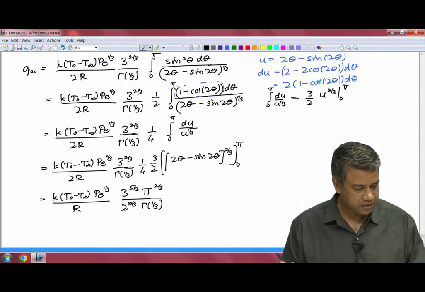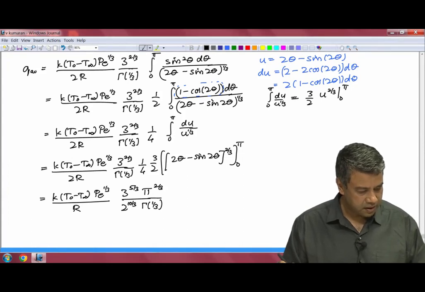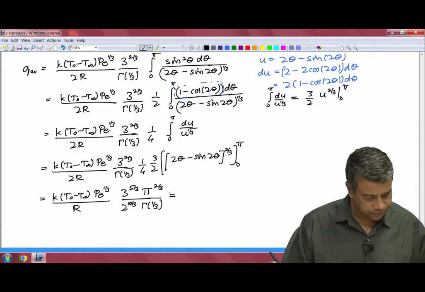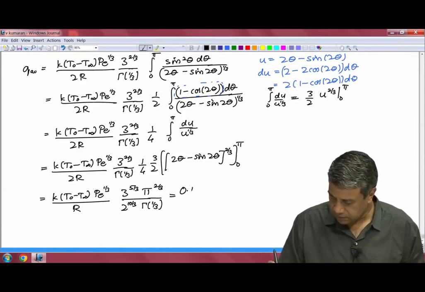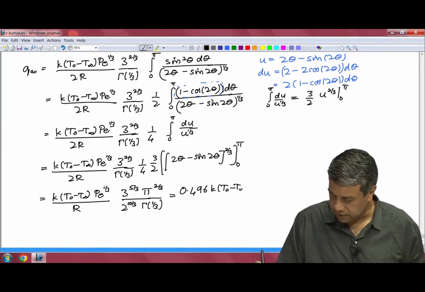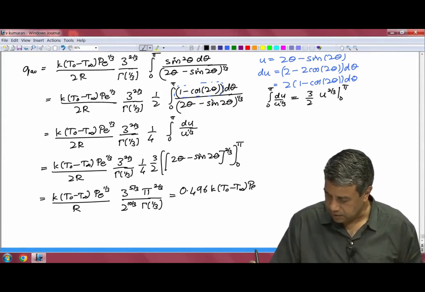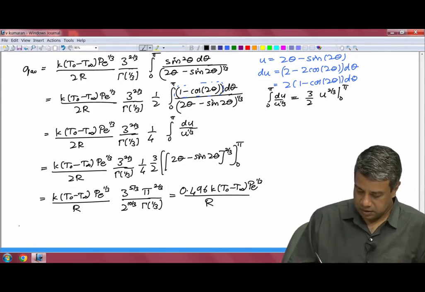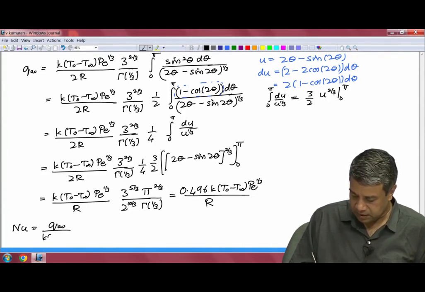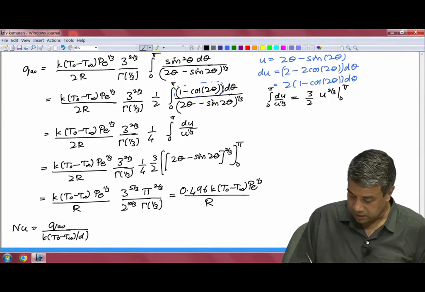You can evaluate this numerically in order to get the final solution as 0.496 k into (T naught minus T infinity) into Pe^(1/3) by r. And the Nusselt number is q average scaled by k into (T naught minus T infinity) by the diameter, not the radius.